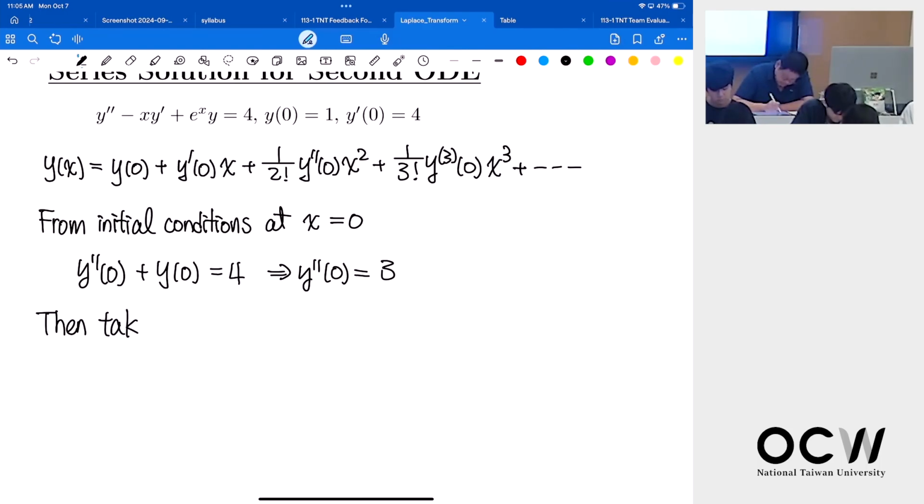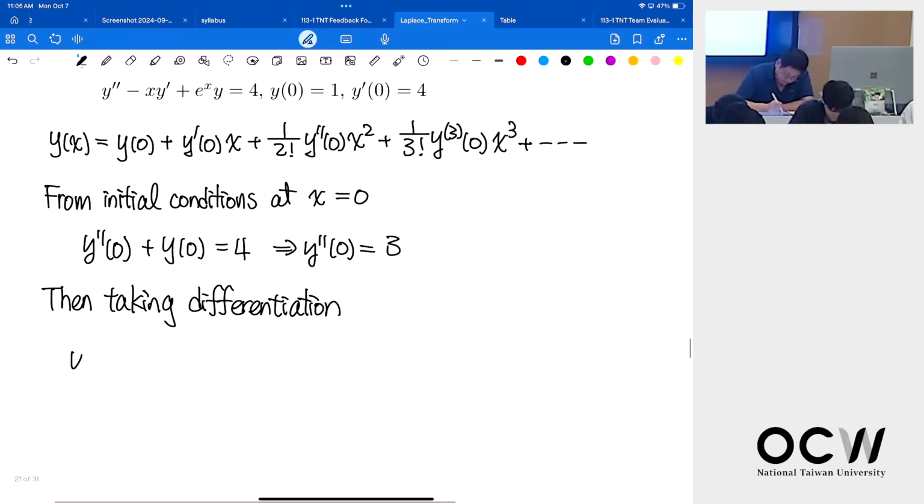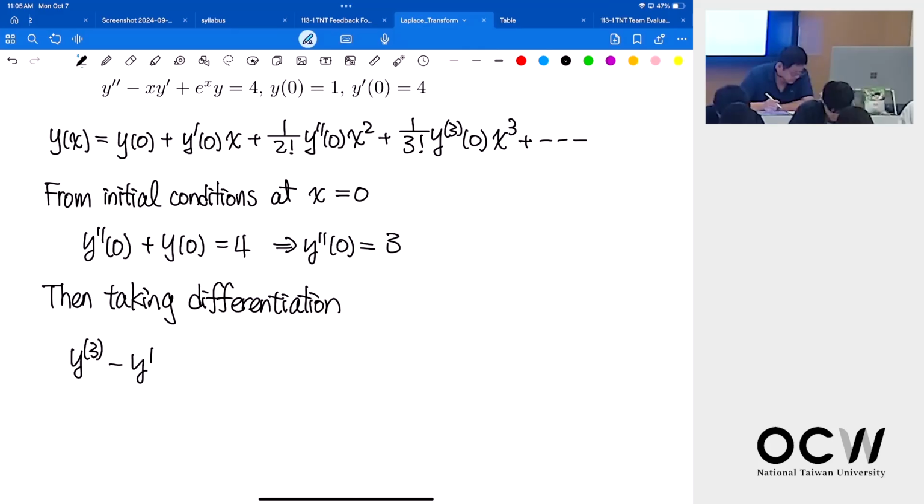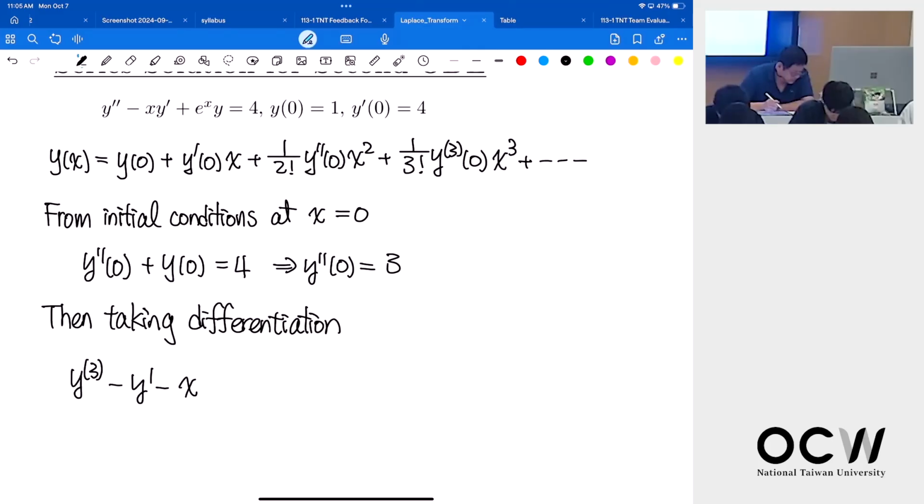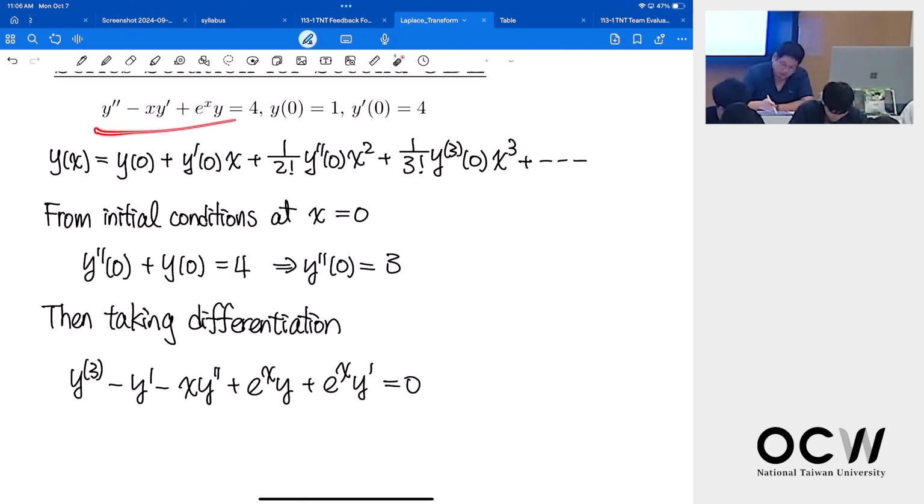So taking differentiation, we have y triple prime minus y prime minus x y double prime plus e to the x y plus e to the x y prime. That's 0. Okay, here, take the derivative.